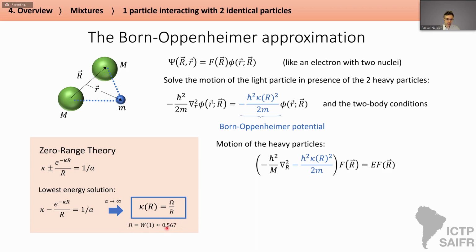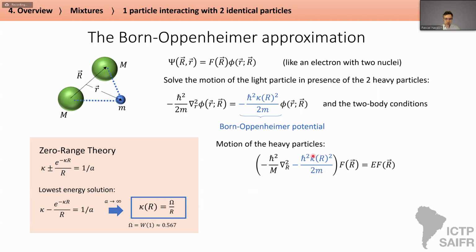It's about 0.567, and it's connected to the value of some mathematical function, which I think is called the Lambert function. Anyway, this is just some number. So then you find the result that at unitarity between the light particle and the heavy particles, kappa is just some number divided by r.